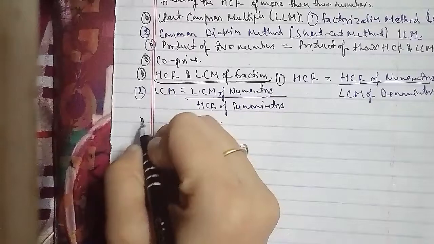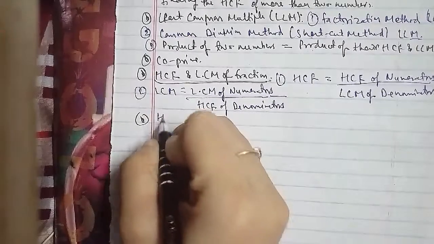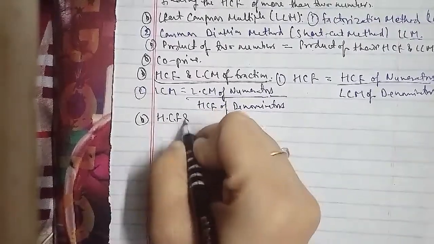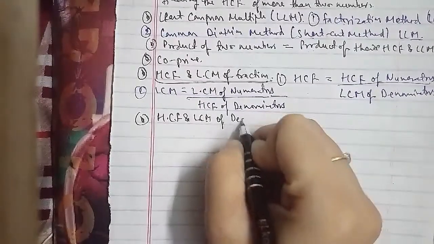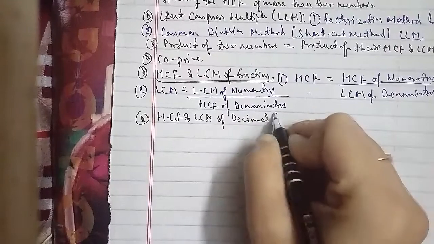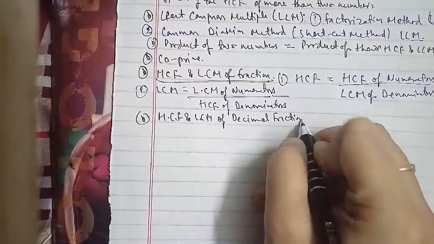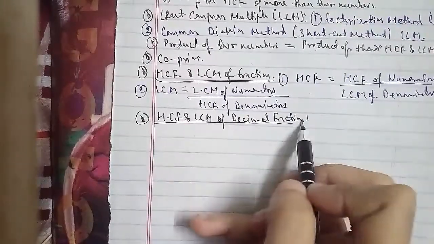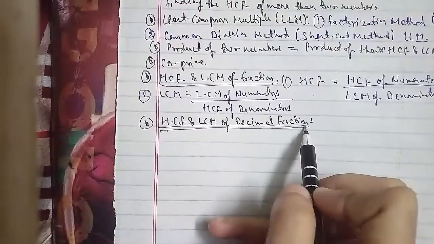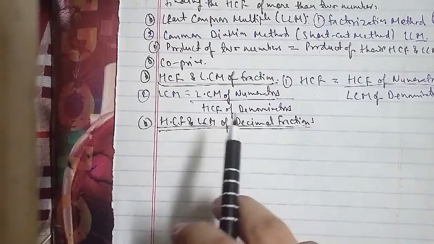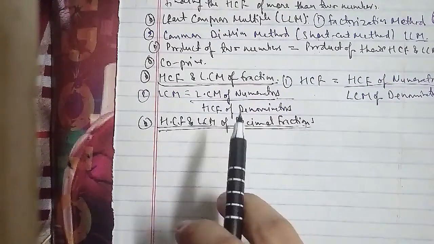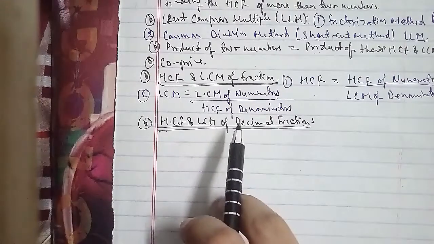In this, in the given numbers, make the same number of decimal places by annexing zeros to some numbers, and if necessary consider these numbers without the decimal point, and find SCF or LCM as the case may be. Now in the result, mark off as many decimal places as there are in each of the given numbers. Now we'll discuss the comparison of fractions.